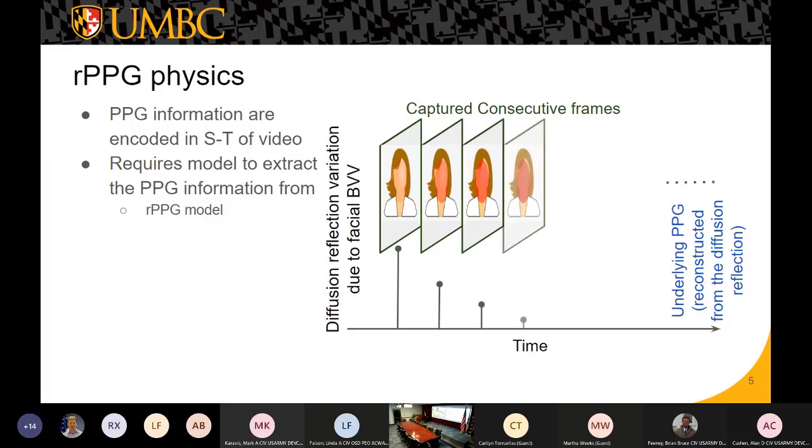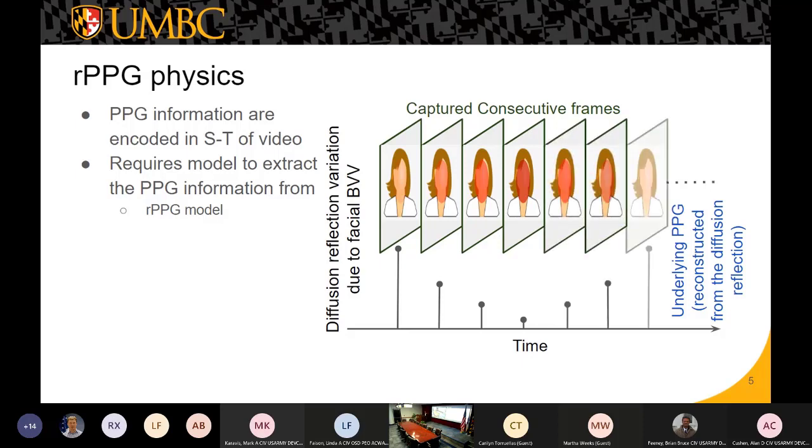If we continue this way, whenever our heart pumps blood to our face, the reflected signal goes down again. When the heart pulls back that blood, the reflected signal goes up. So if we can develop a system that successfully captures this volumetric blood variation, that's our RPPG system. Our research work actually focuses on that.